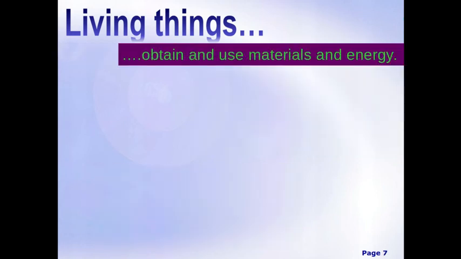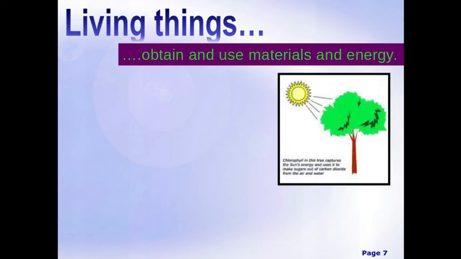They also must be able to obtain and use materials and energy. So in some form, they have to be able to basically get what you and I think of as food. So plants don't sit down at a table, animals don't sit down at a table necessarily and eat the way you would eat breakfast, lunch, dinner. However, they still obtain energy in some way or another so that they can do things like grow and develop, reproduce, things like that.